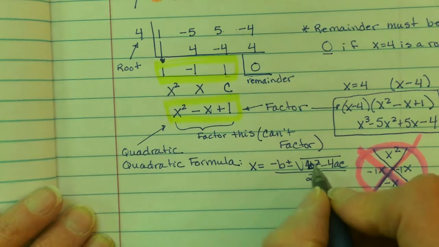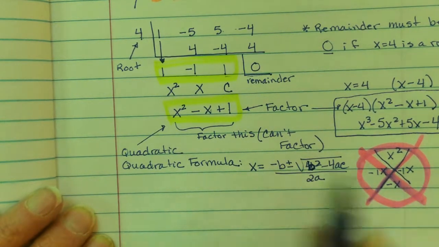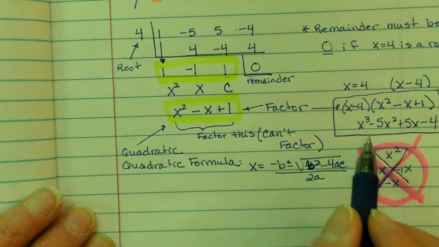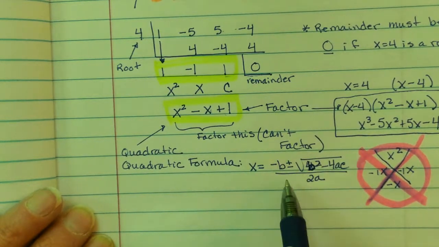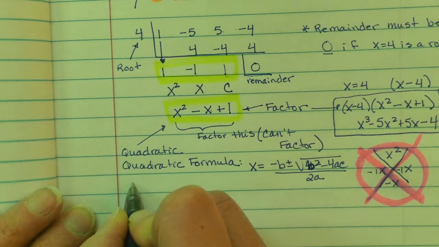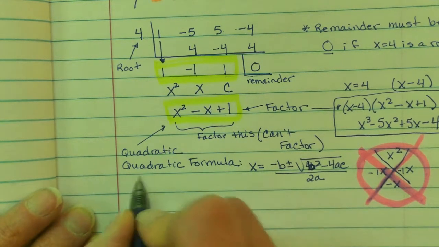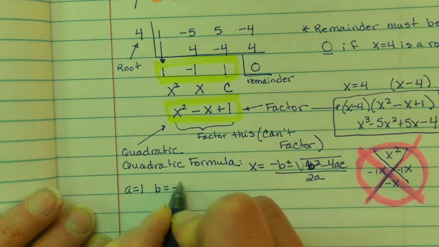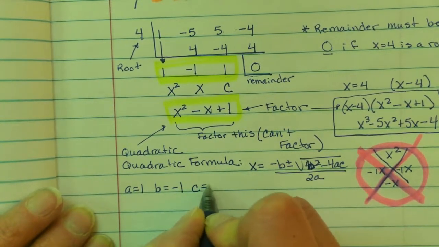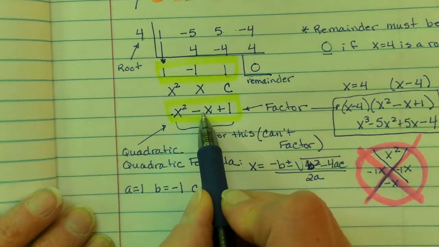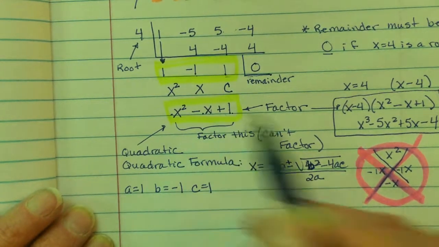So that means we're going to substitute our a, b, and c from this factor of our original into our quadratic formula. So I know that a is 1, b is negative 1, and c is 1.